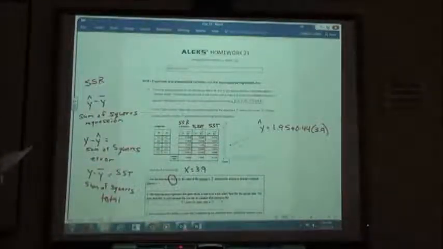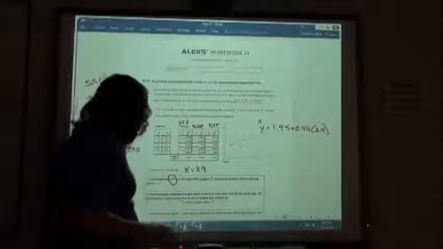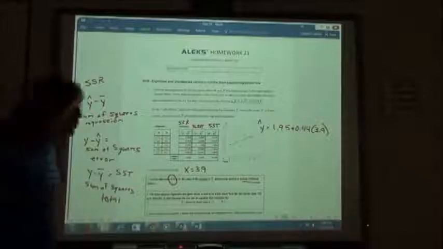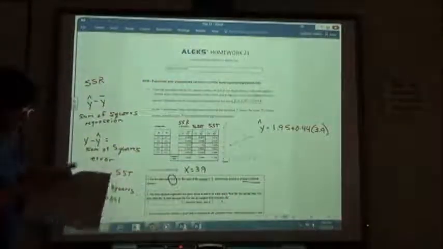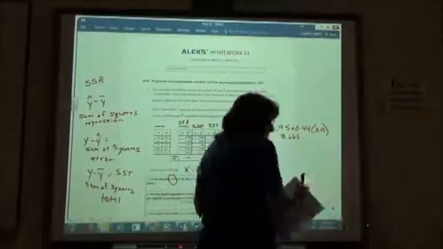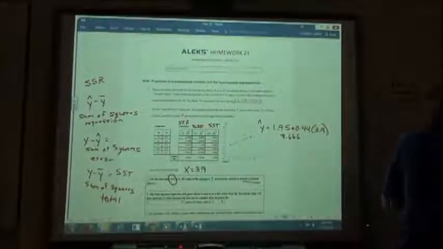If you multiply all of that out and round your answer to at least 2 decimal places, is what it tells you to do. If I grab a calculator here, I get 3.666 when I do that.